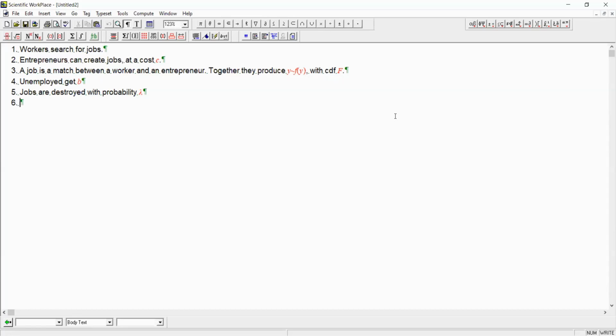And here is how jobs and workers find each other.